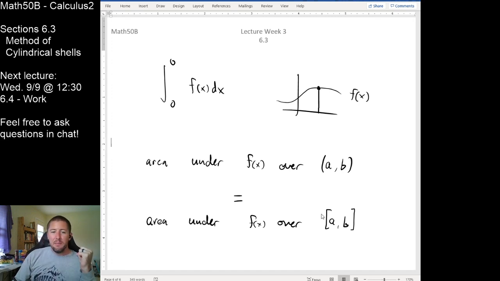It does, but the area underneath the Riemann stick at a is 0, and the area underneath the Riemann stick at b is 0. So there's no actual additional area that's accumulated right there. So it takes more than 1 infinitely thin thing to get you some actual 2-dimensional area. So these integrals, if we have the same bounds of integration, it's always zero.